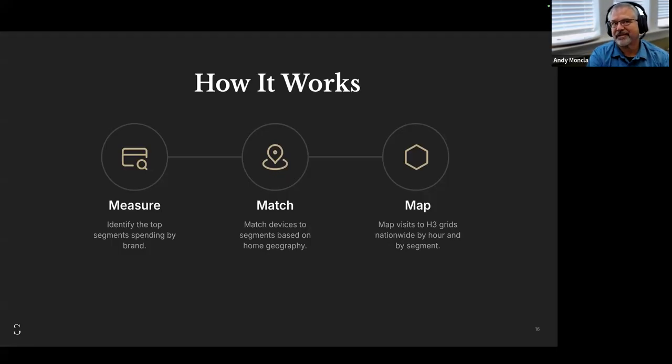That's basically 1/50th the size of a resolution 8. And so once we have that segment applied to that device ID, we can start aggregating by hour, by grid cell, what kind of visitation we see. So we go all the way from measuring which segments are important to placing them in every grid cell in the US by hour.